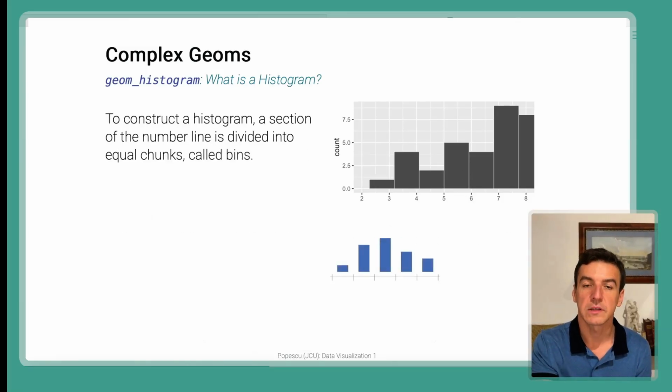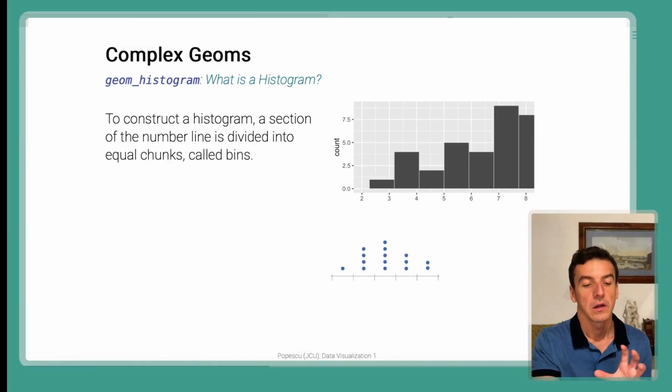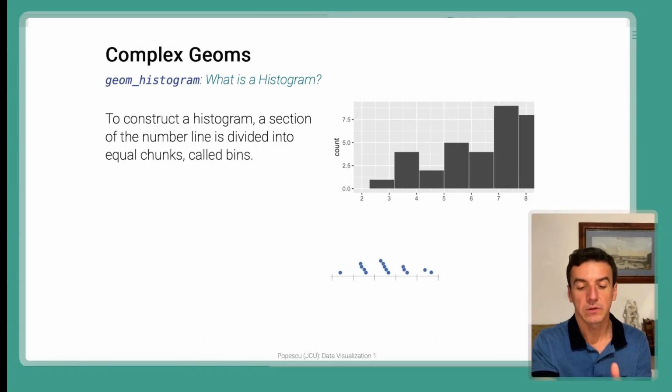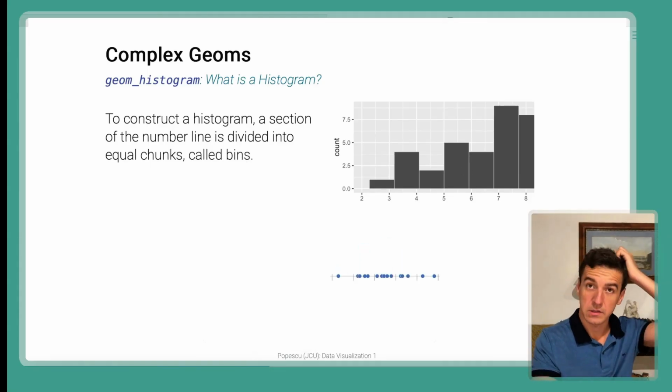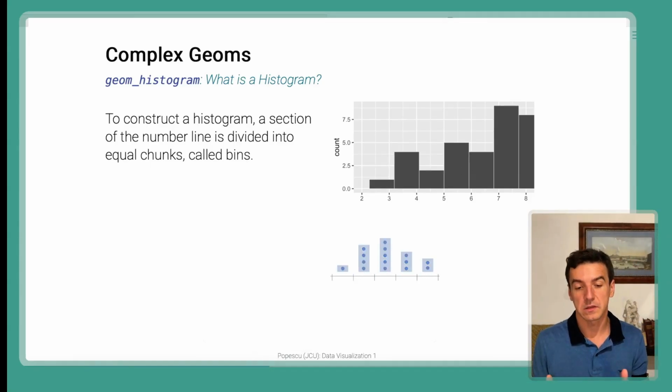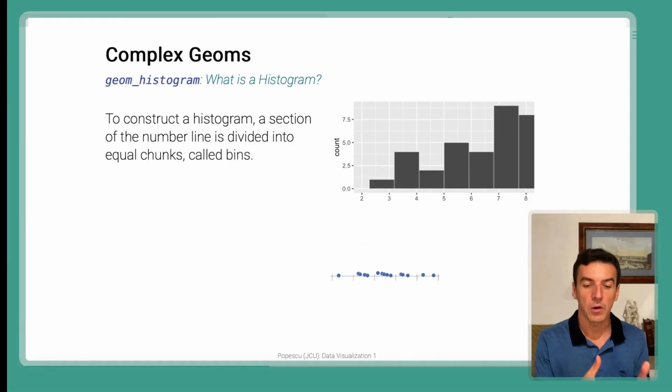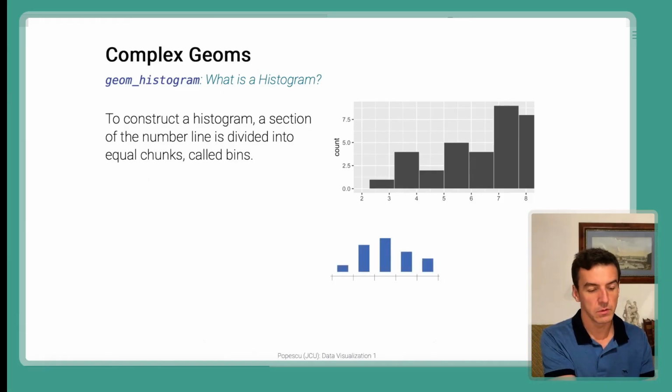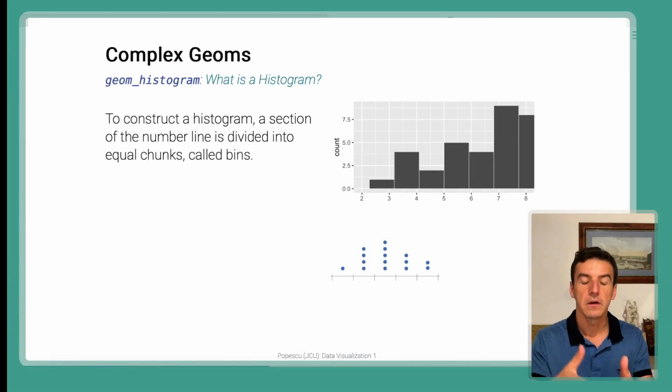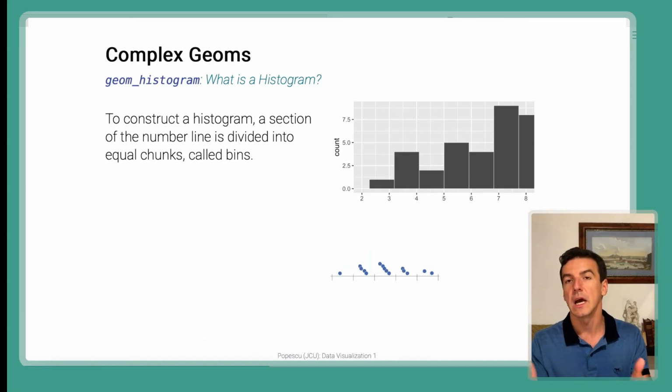To construct a histogram, we have to divide all these numbers into tiny chunks. These are called bins. So as you can see in this animation, all these dots that are initially on a single line are added up in different categories. So we're interested in how many observations we have from threshold 1 to threshold 5 to threshold 10, and so on and so forth.